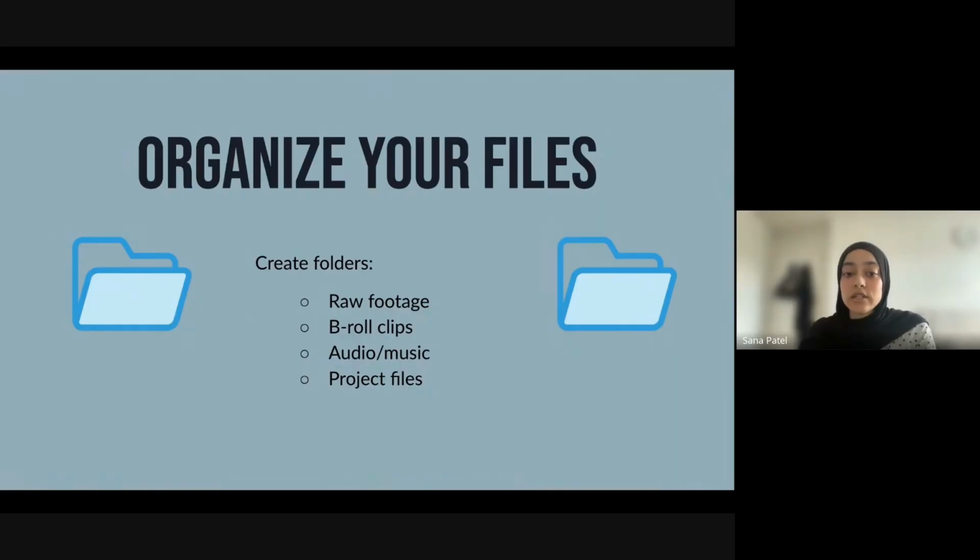This will just make everything easier to find later and will prevent you from losing files while editing. Especially when working on larger projects, staying organized saves a lot of time and reduces stress. This is mainly if you're going to be using Adobe Premiere Pro. CapCut, you don't really need to do that. You can just have it saved in an album if you're trying to edit on your phone or iPad, etc.